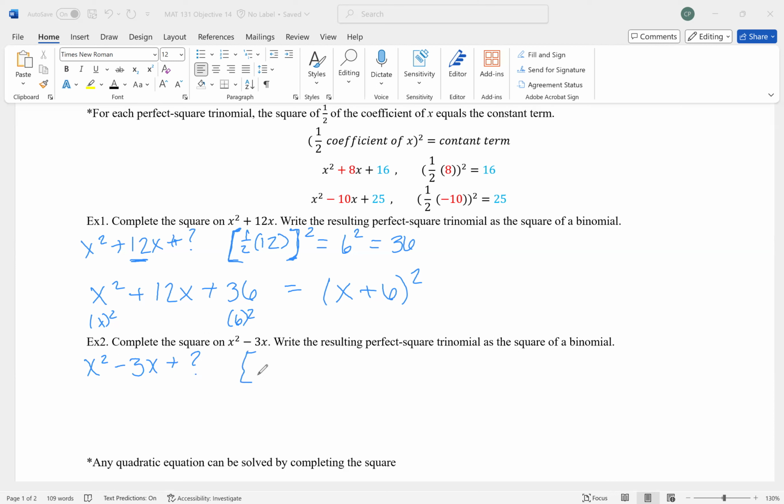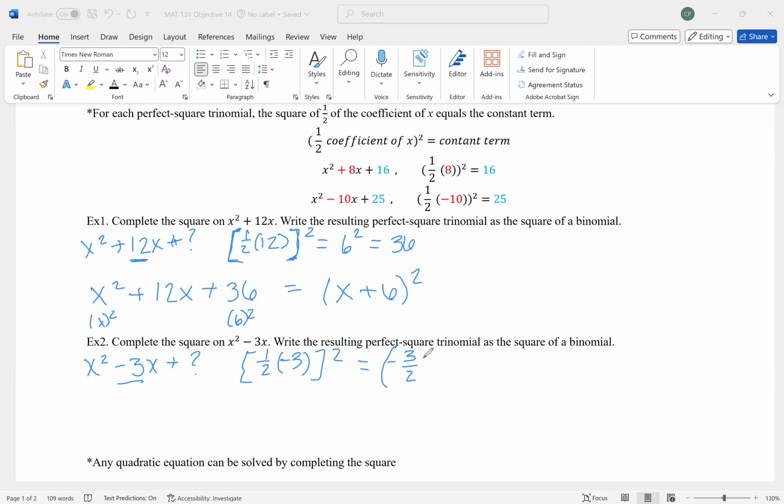So I'm going to set up the formula, the 1/2 times the coefficient of x. In this case, the coefficient of x is -3. So 1/2 times -3. For this one, let's just write it as a fraction, -3 over 2.